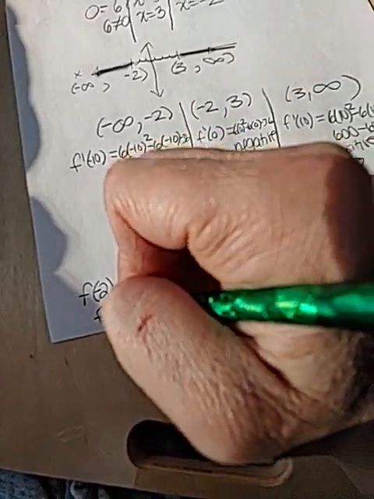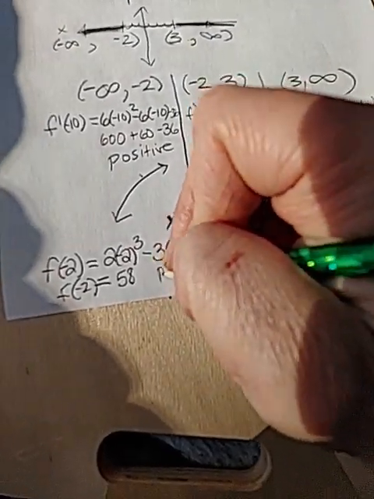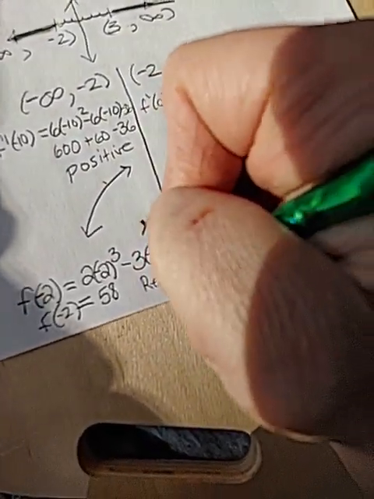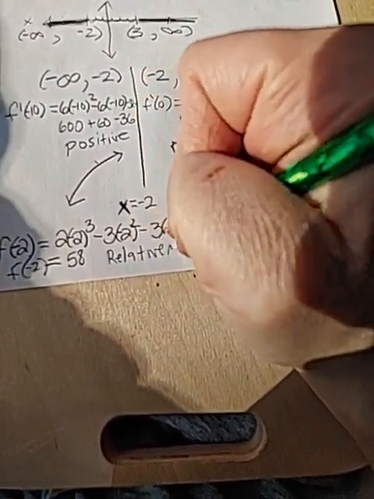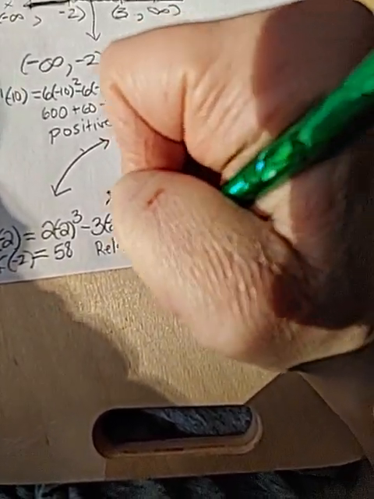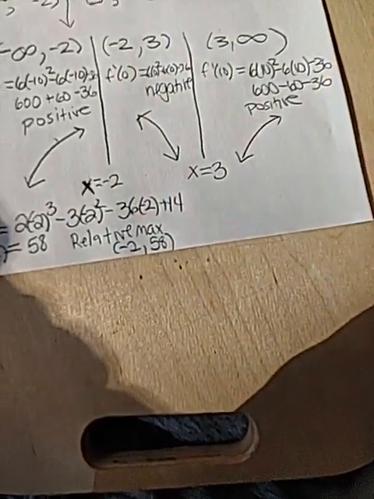So that means that I have a relative maximum at negative 2, comma, 58.